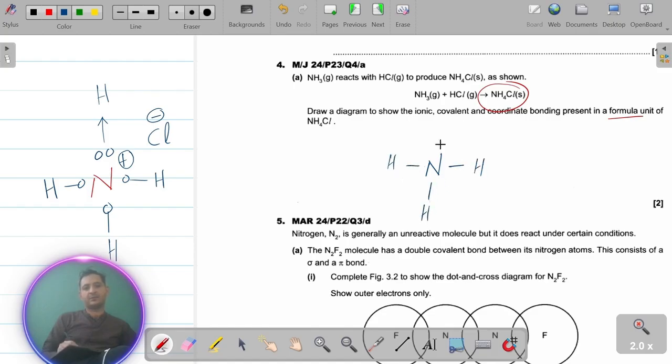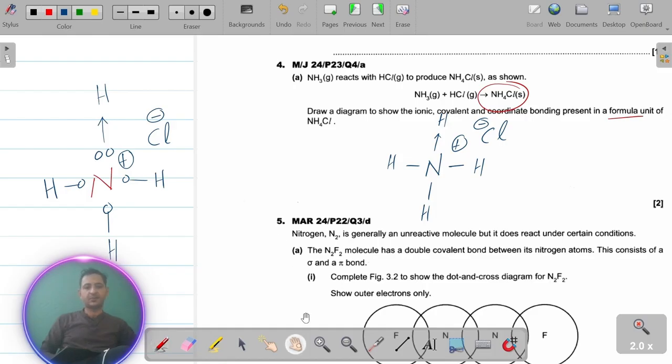Covalent bonds. It is a coordinate covalent bond. Sorry, my bad, I need to put hydrogen here, not chlorine. So there's a positive charge on this nitrogen, and the chlorine will bear a negative charge.